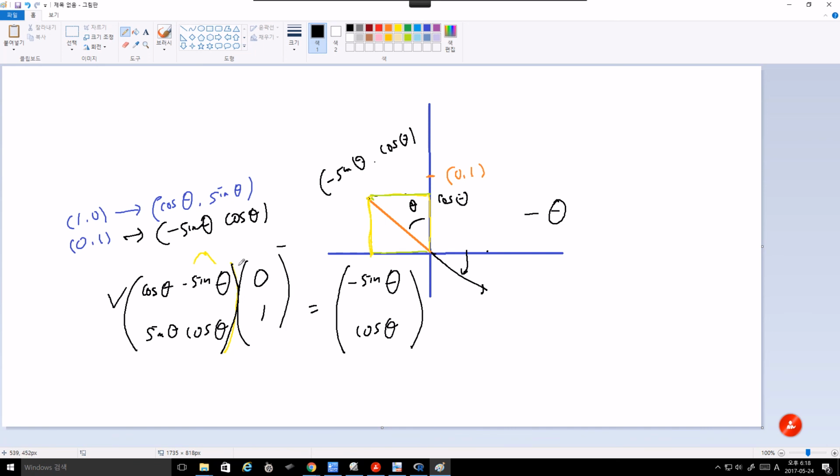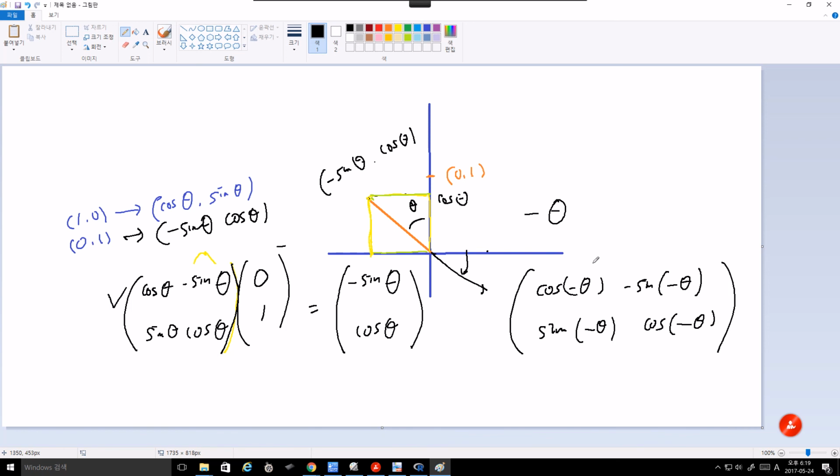In this rotation matrix, I can just put the minus sign: cosine of minus theta and minus sine of minus theta, sine of minus theta and cosine of minus theta, right? This way.